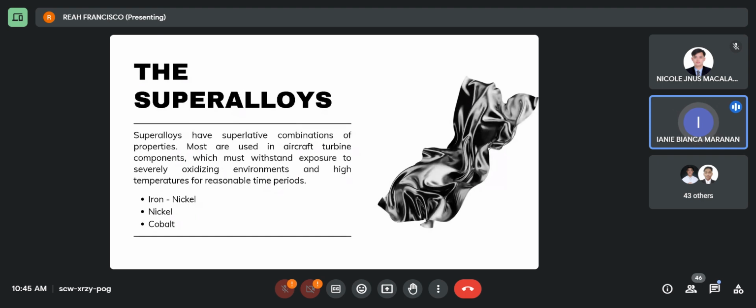These materials are classified according to the predominant metals in the alloy, of which there are three groups: iron nickel, nickel, and cobalt. Other alloying elements include the refractory metals, which, as mentioned earlier, are niobium, molybdenum, tungsten, tantalum, as well as chromium and titanium.